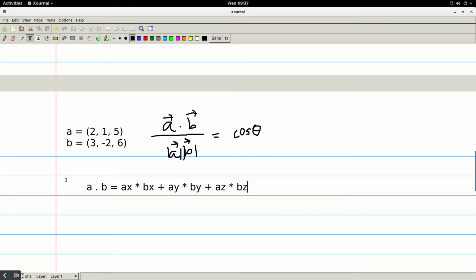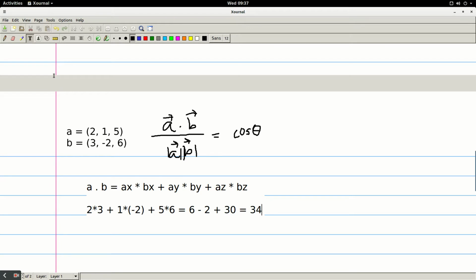So if this is what it is, tell me what would be the value for A dot B in this example. This is going to be 2 times 3 plus 1 times minus 2 plus 5 times 6, right? And that's equal to 6 minus 2 plus 30, which is how much? 34? Okay.